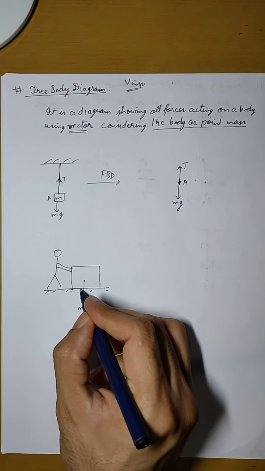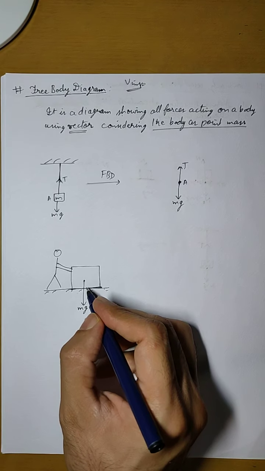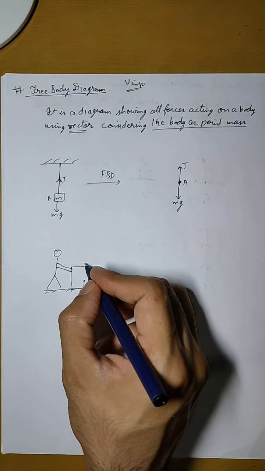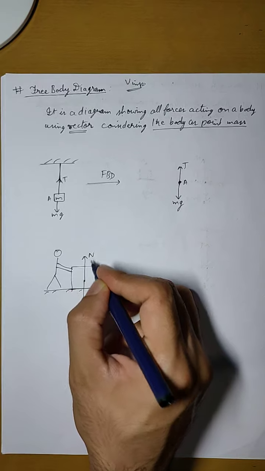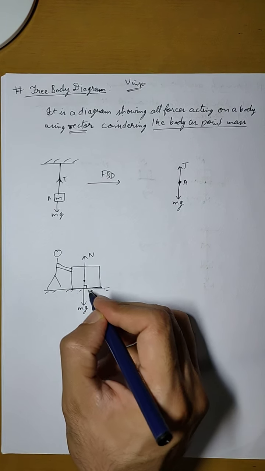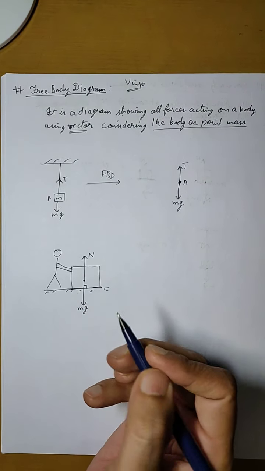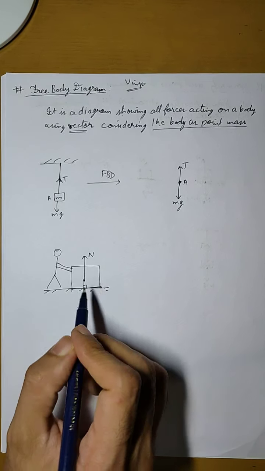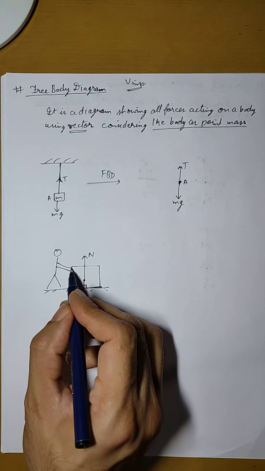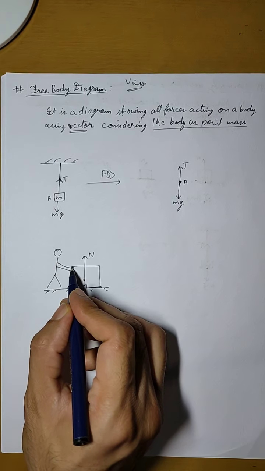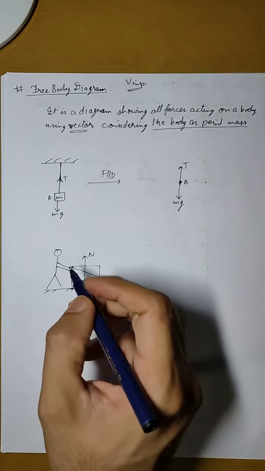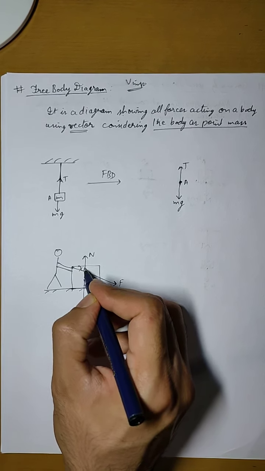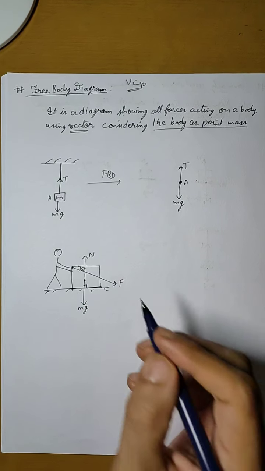Because of mg on this surface, the surface will offer a reactionary force in the opposite direction, which is the normal reaction force perpendicular to the surface. So these are two forces. Another force is applied by the boy in this direction at an angle. So we can say that there is this force F, which is acting at an angle, let us say theta.